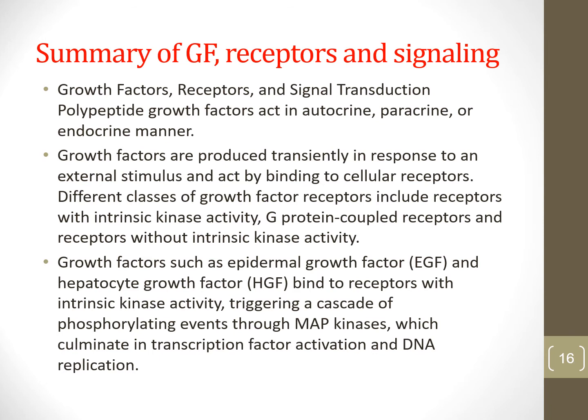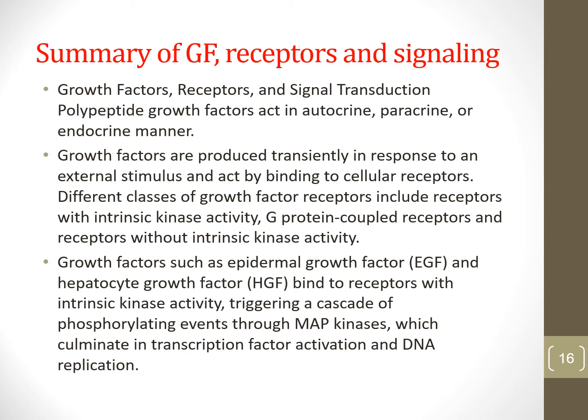Growth factors, receptors, and signal transduction: polypeptide growth factors act in an autocrine, paracrine, or endocrine manner. And we discussed the difference between those types. Growth factors are produced transiently in response to an external stimulus and act by binding to cellular receptors. Different classes of growth factor receptors include receptors with intrinsic tyrosine kinase activity, G protein coupled receptors, and receptors without intrinsic tyrosine kinase activity.